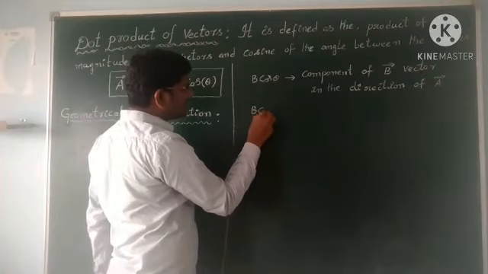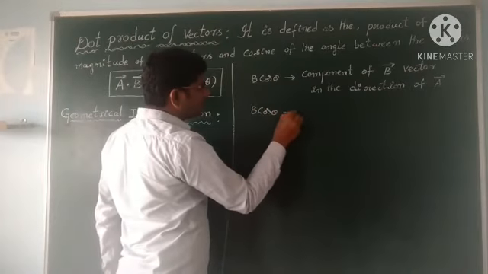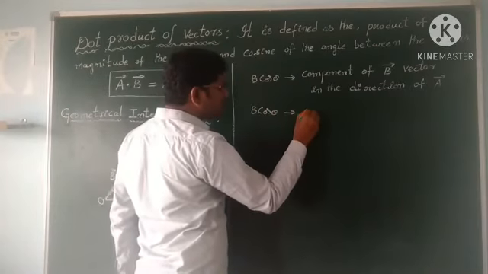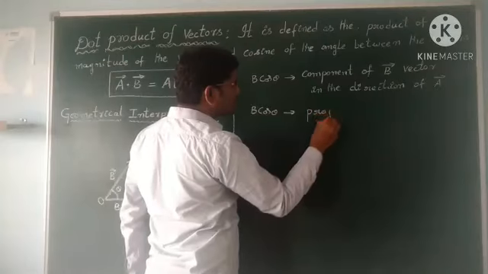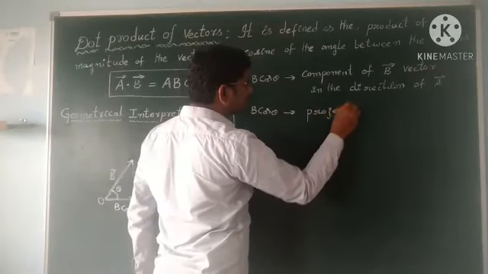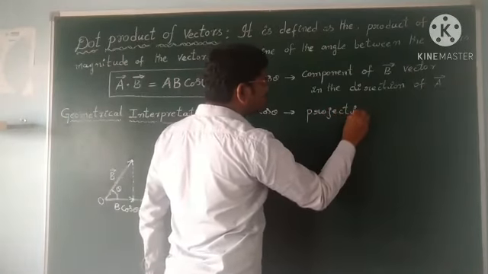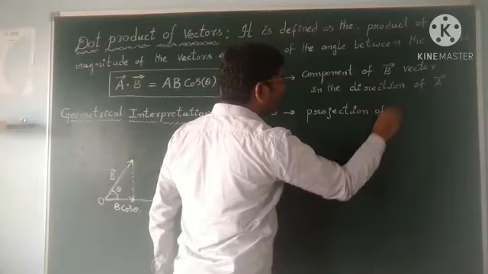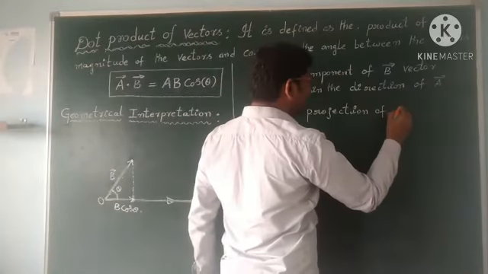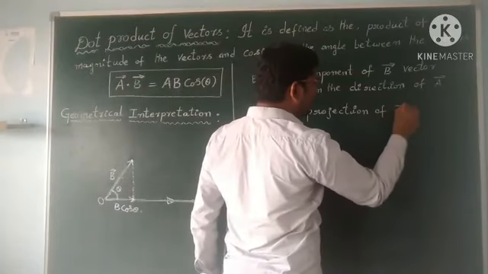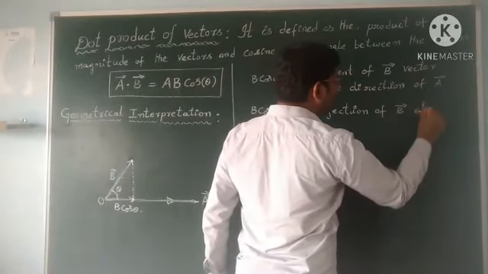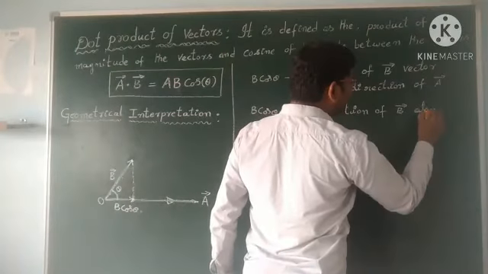Or otherwise another name is also there. B cos theta is also called the projection of B bar along A bar.